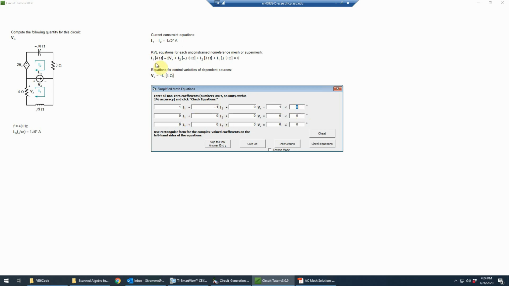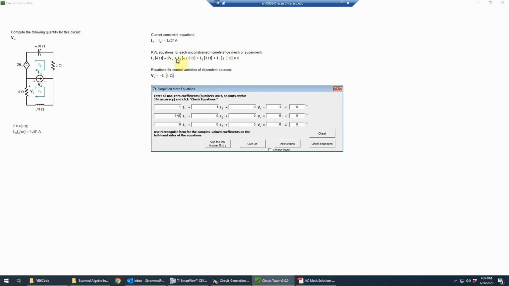Okay, the next equation is the KVL equation, which is a little bit more complicated. Here, for the I1 terms, we have a coefficient of 4, dropping the units here, and then down here we also have j9. Combining those two, just adding them, gives us 4 plus j9. We'll just add those 2 complex numbers in our head, which is easy to do.